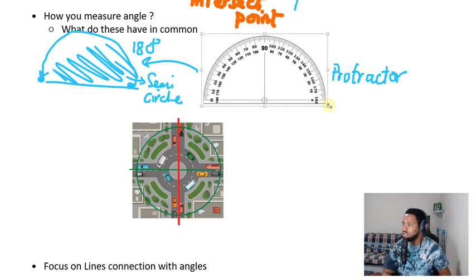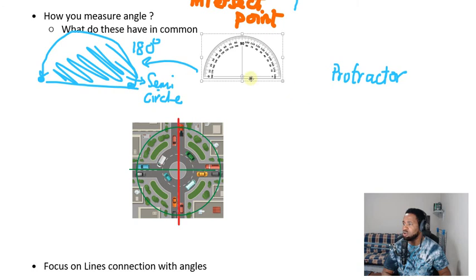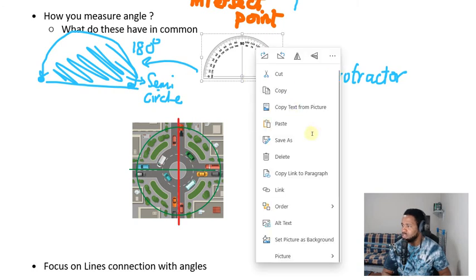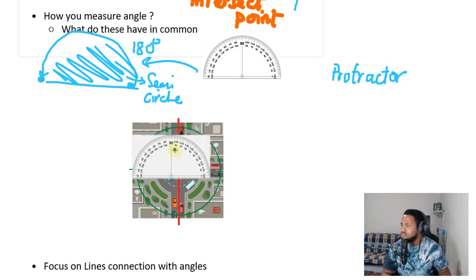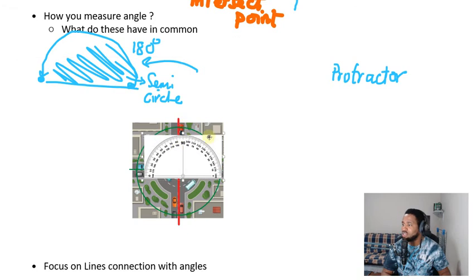So all you have to do is bring your protractor. Let me bring this to the front. Then lay the straight line on the vertical line, and lay the horizontal line directly on the horizontal line, and you can measure the angle.